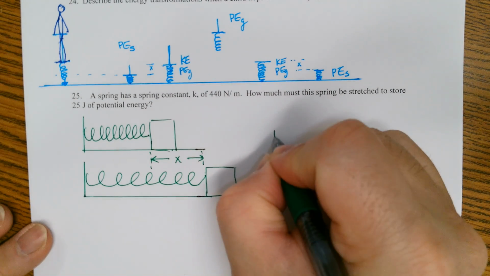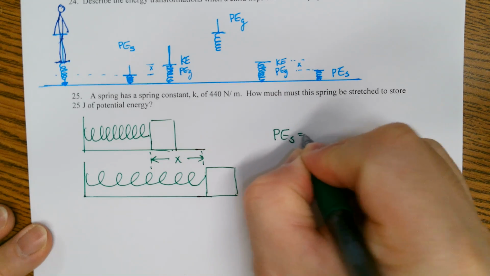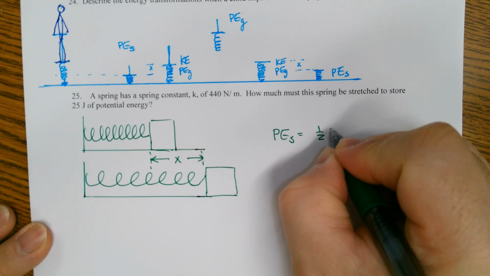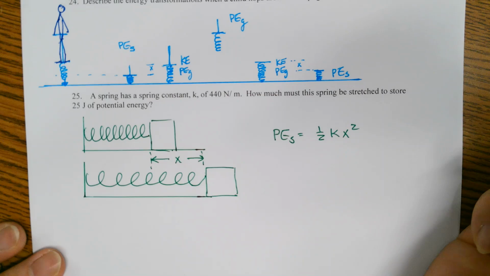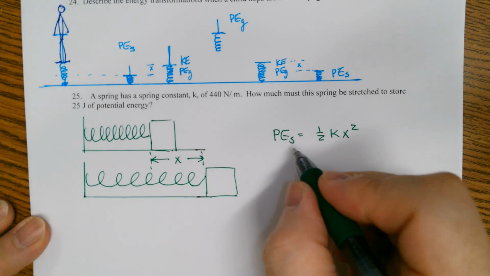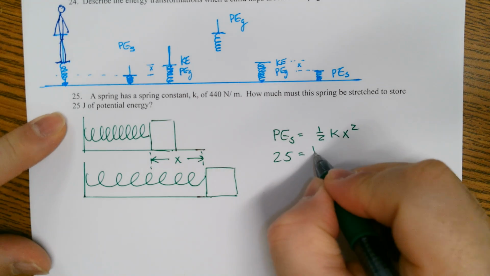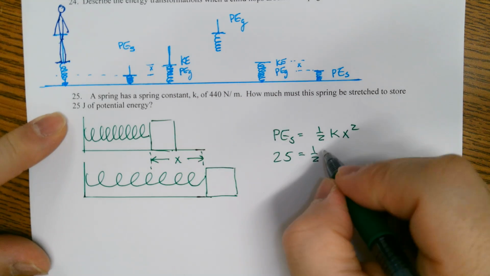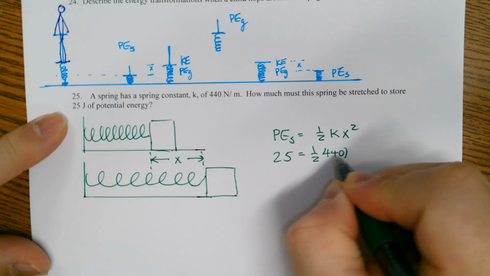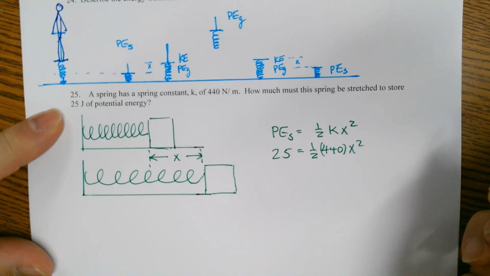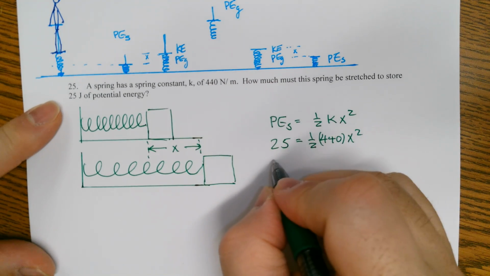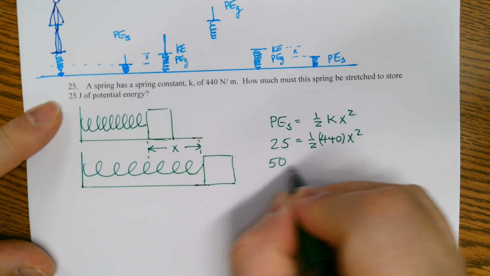So potential energy of spring is really equal to 1/2 kx squared. It's that simple. And we want to store 25 joules of potential energy. So 25 equals 1/2 times 440, which is the k value, times x squared. If I multiply both sides by 2, I get 50.